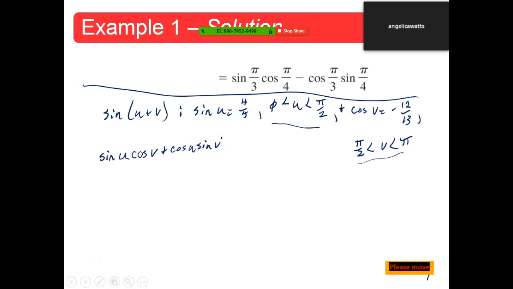Okay? Now, we already know what sine u is. That's 4/5. And we already know what cosine v is. That's minus 12/13. We know what a plus sign is. There's a plus. Uh-oh. Do we know what cosine u is?